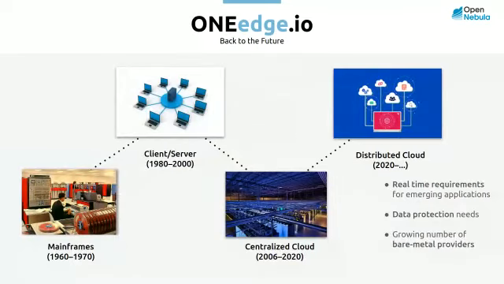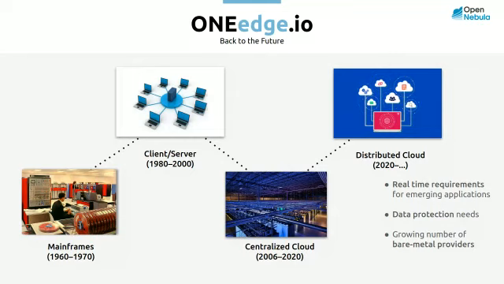This fits into the trends we see in the market, and you are all familiar with these tendencies: from the old mainframes to the client-server model, to a more centralized cloud, which is the model we've been seeing in the past couple of decades.